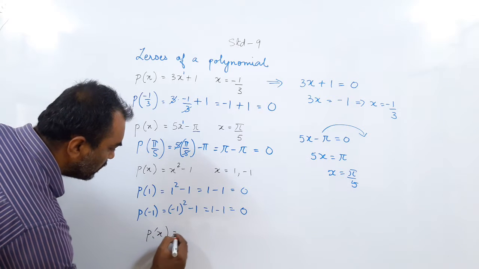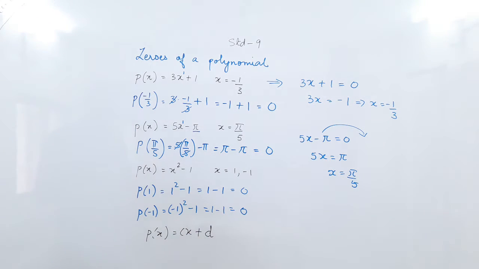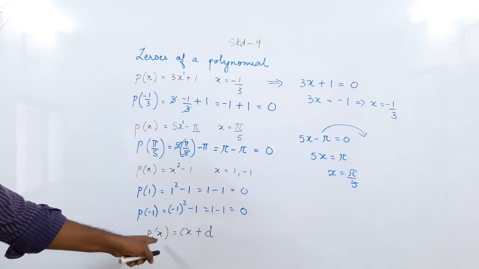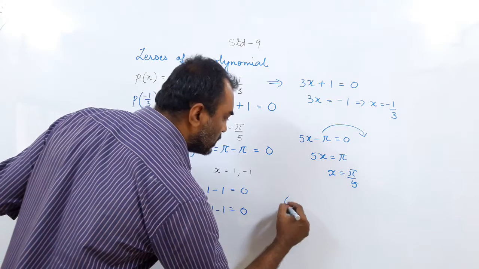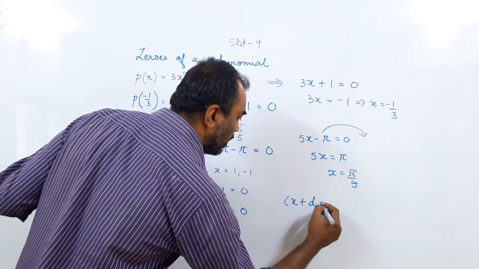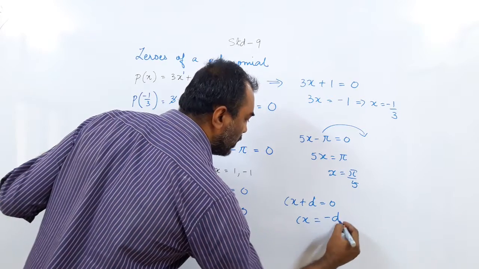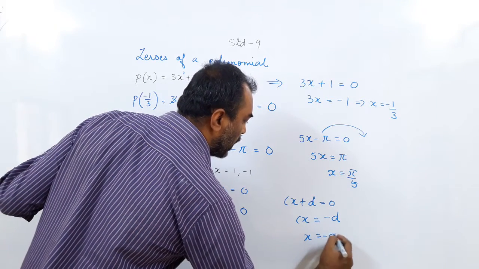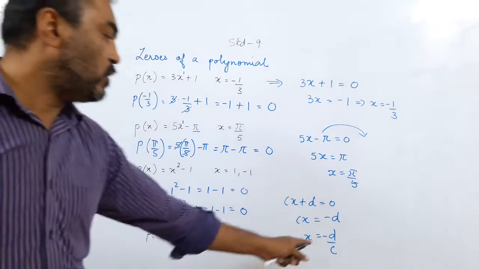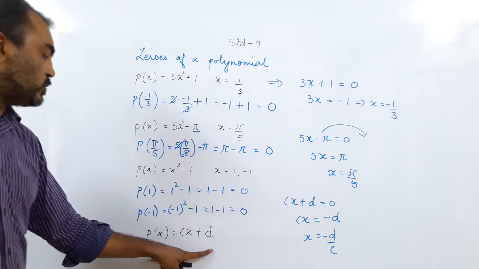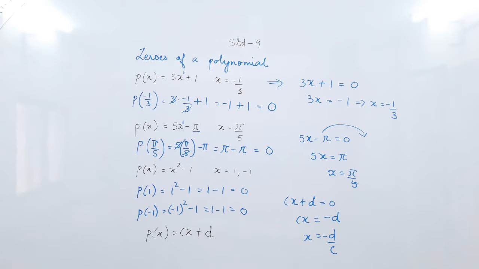One more sum, let us see. P(x) equal to Cx plus D. This is the polynomial. So for which value of x will this polynomial become 0? So we have Cx plus D equal to 0, Cx equal to minus D, and x is equal to minus D upon C. So for the value x equal to minus D upon C, this polynomial becomes 0. So this is the direct method to find the zeros.